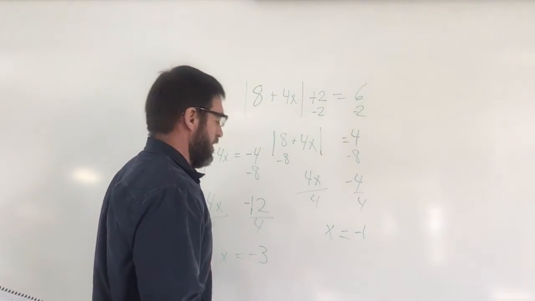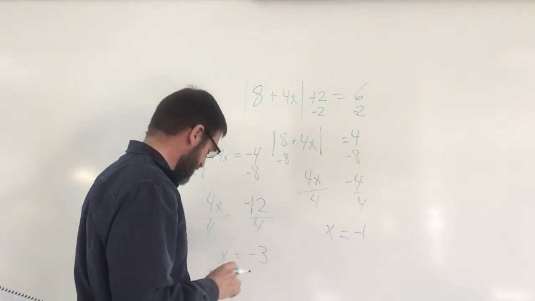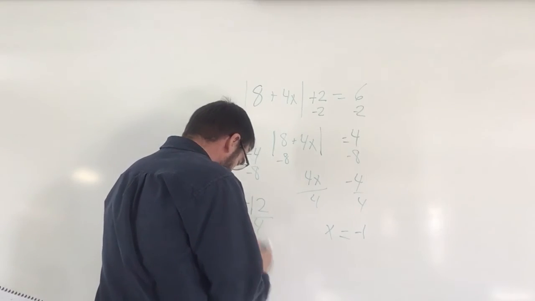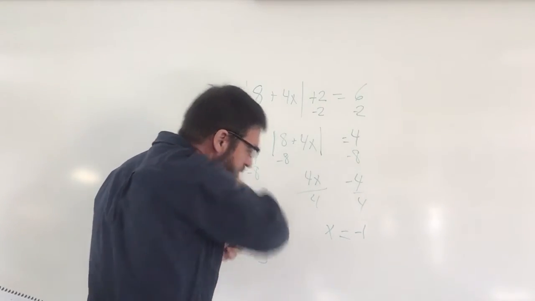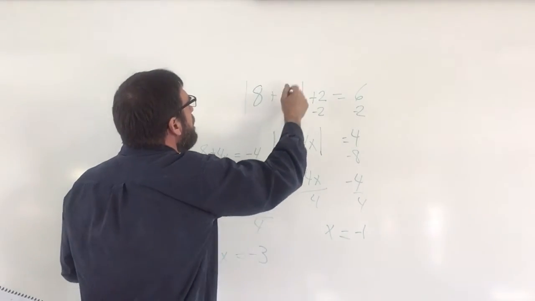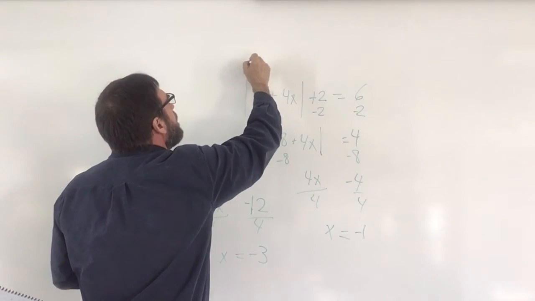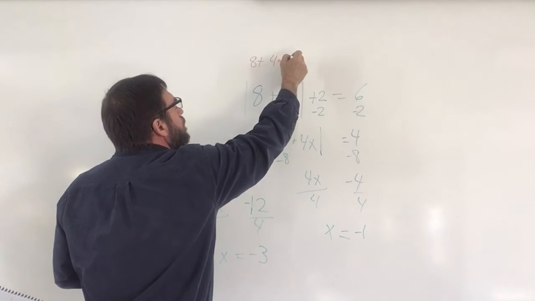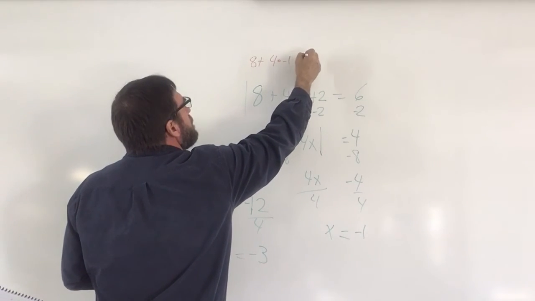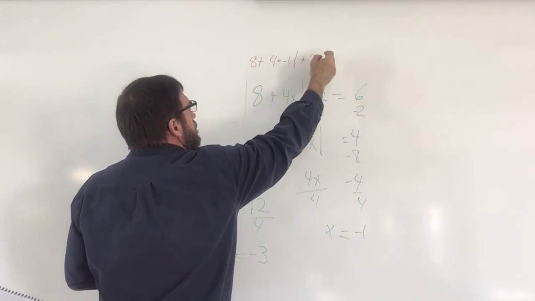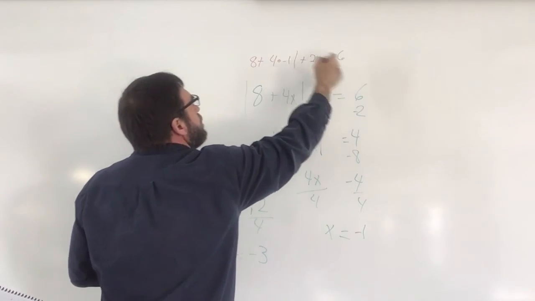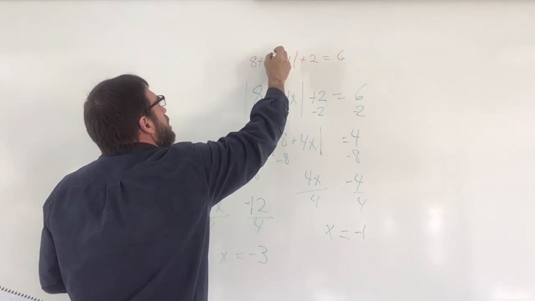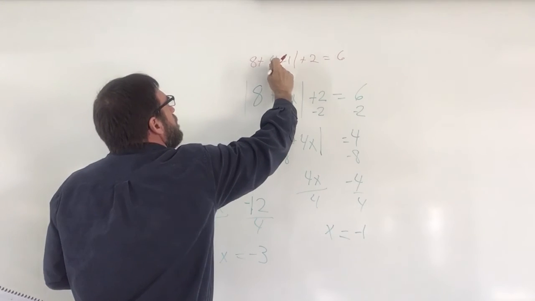Check it. We're going to check the answer key. Check it. Negative 1. Okay, so we're going to start back up here. 8 plus 4 times negative 1 plus 2 equals 6. I'm going to do the whole thing here. So, okay, so I go 8 plus, okay, 4.